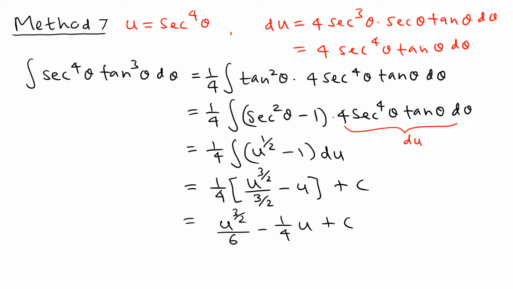Now you can substitute for u. Since u equals secant to the 4th power, you end up getting 1/6 secant^6 minus 1/4 secant^4 theta plus c, as expected. Okay, so let's go to the last method.